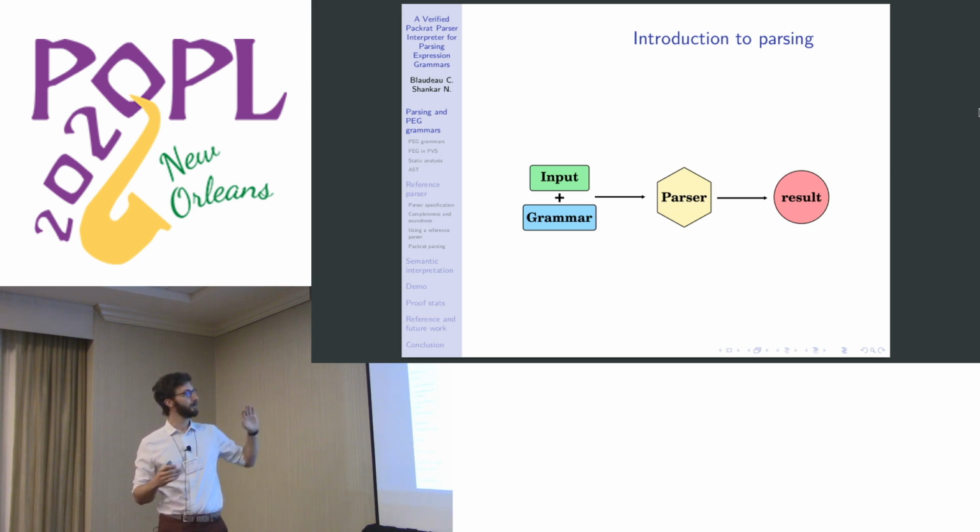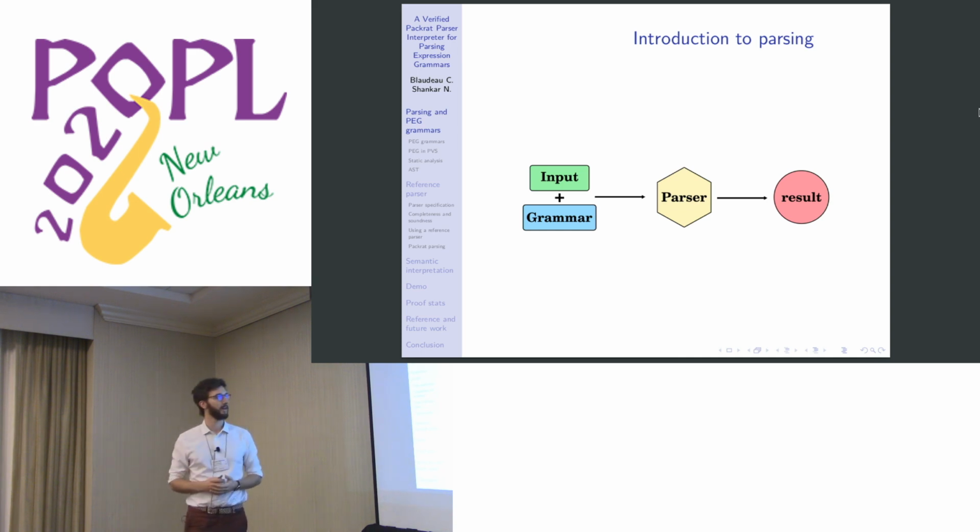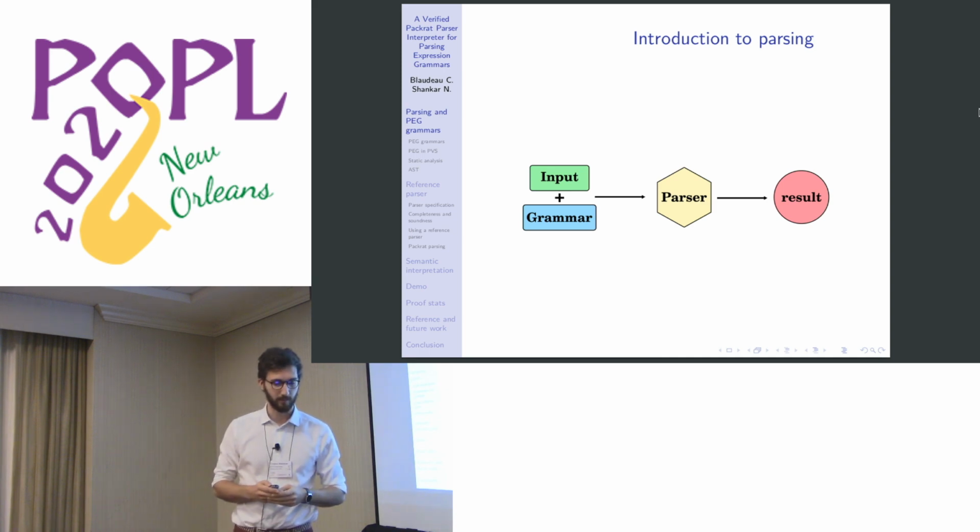If you don't give the input, you have a parser generator, all those kinds of ideas. Here we're going to talk about a parser interpreter. So we'll always consider that we give both the input and the grammar. But in the slides and in the illustrations, I may use the word parser for parser interpreter everywhere.